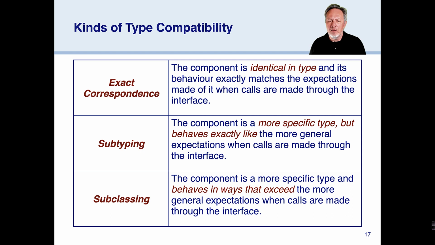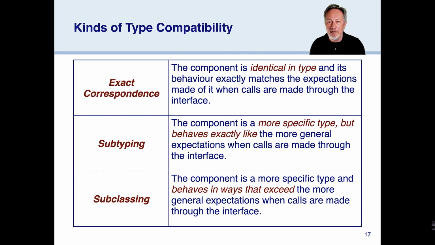And then there is subclassing. Subclassing is like subtyping, but instead of just being exactly type compatible. Think in subtyping, we specify an interface, like in Java, and we can have multiple classes that implement that interface. That's a form of subtyping.